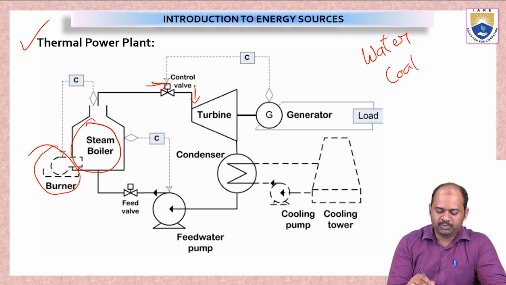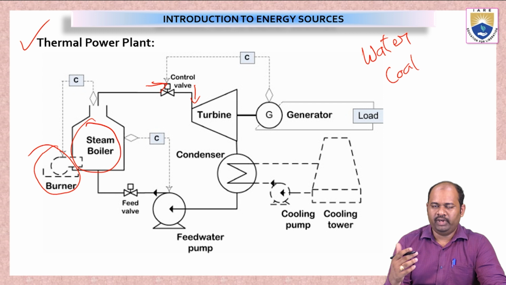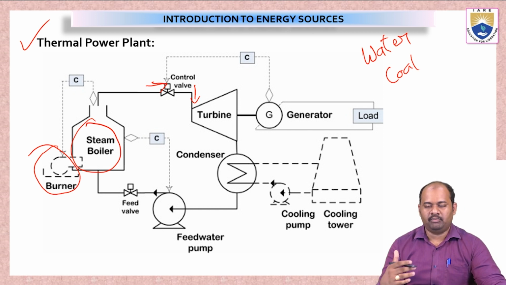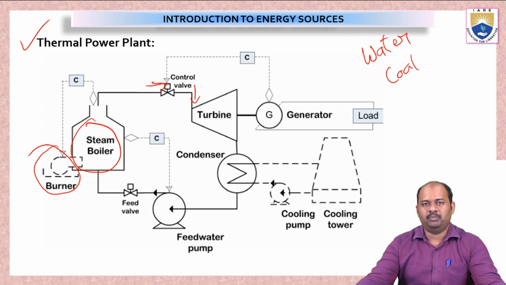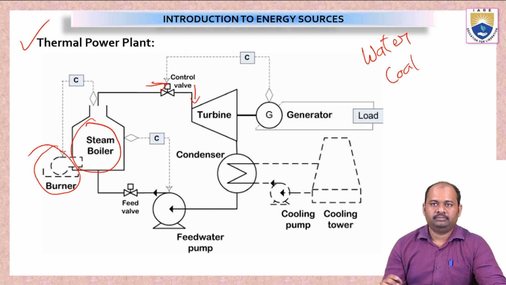So here the steam generated in the steam boiler is sent directly to the turbine, and the turbine will be rotated when the steam is passed through a nozzle at high speed, and this high speed moving steam which falls onto the turbine will make the turbine rotate. This turbine is connected to a generator, which is an electromagnetic device, and this generator will produce electricity.